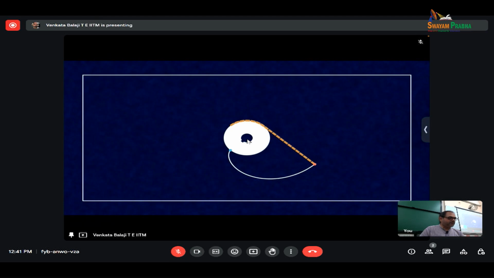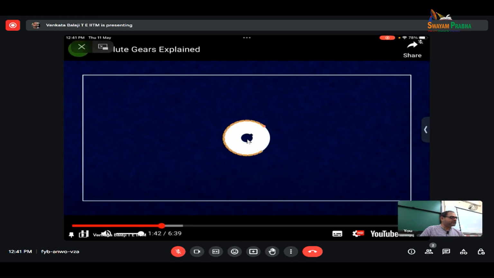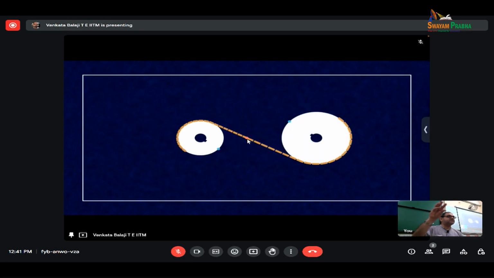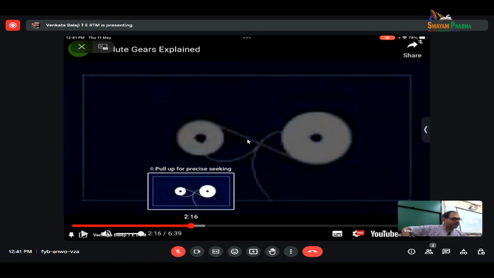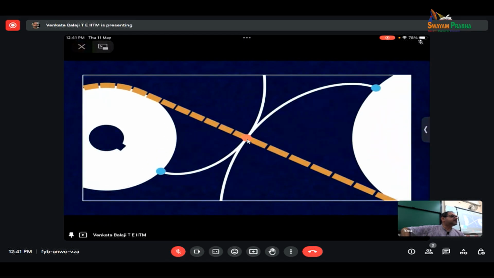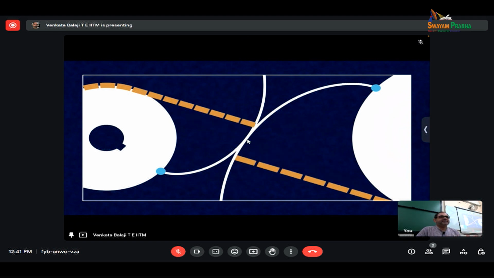Okay, then what you do is that you just draw these involutes for two of these wheels, a smaller gear and a larger gear. You draw the involutes for the smaller circle and for the bigger circle. Wherever these two involutes meet, that will be perpendicular to the tangent of contact.